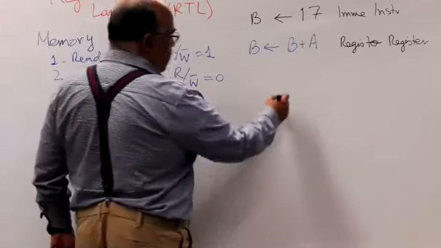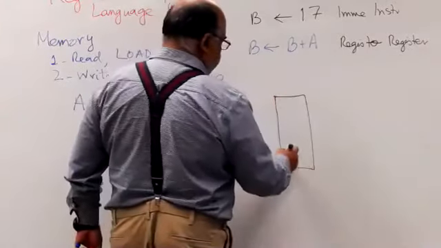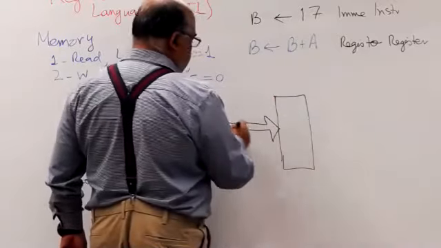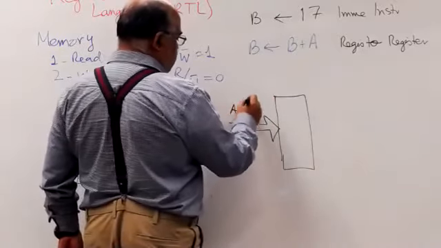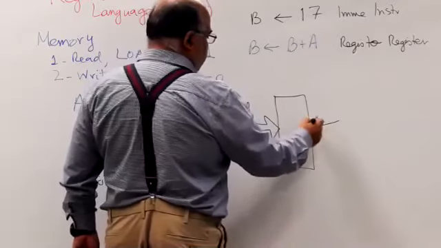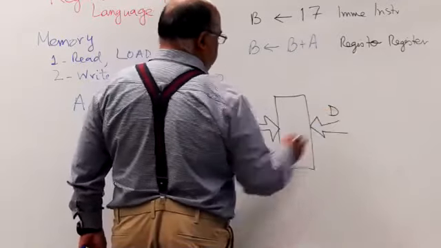Basically the value of register C comes here as an address, and the value of register D comes here as data.